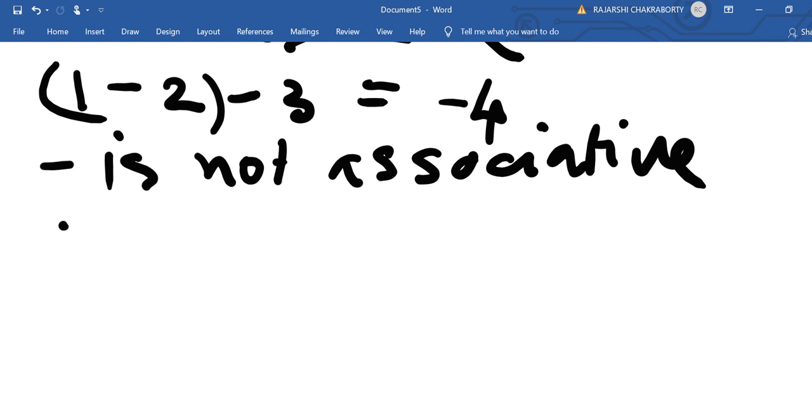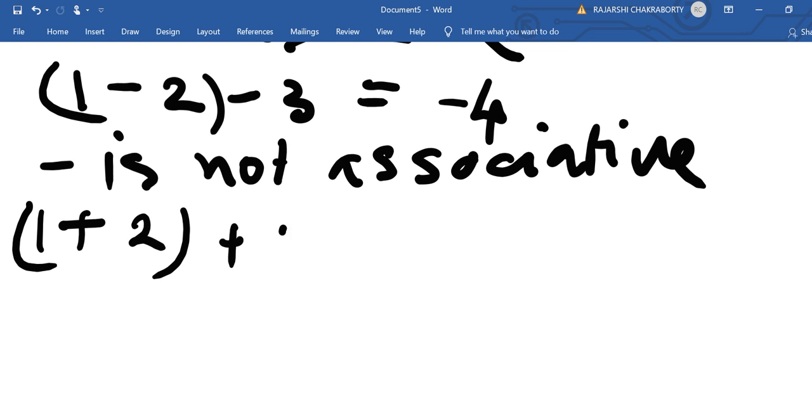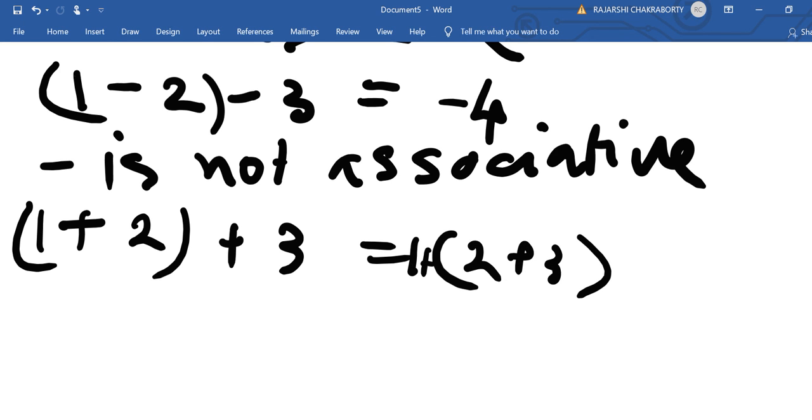However, plus would be associative because we can clearly see that 1 plus 2 plus 3 is equal to 1 plus within brackets 2 plus 3, equal to 6. So we have two kinds of operations under the binary operation system: one is associative and one is non-associative.